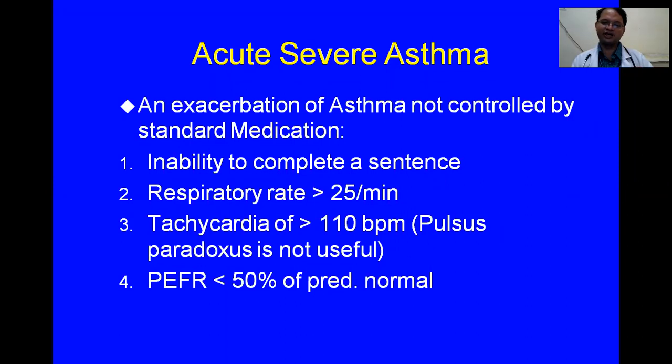The respiratory rate will be more than 25 per minute. There will be tachycardia with a heart rate more than 110 beats per minute. There will be pulsus paradoxus, but it will not be useful to demarcate because in 55% of the patients, the pulsus paradoxus will be negative. And PEFR will be less than 50% of the predicted normal.